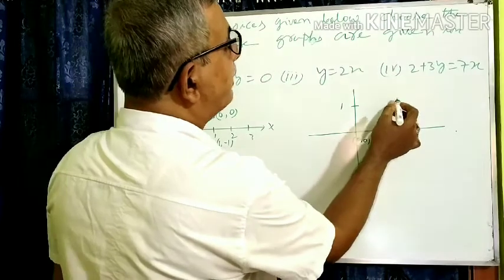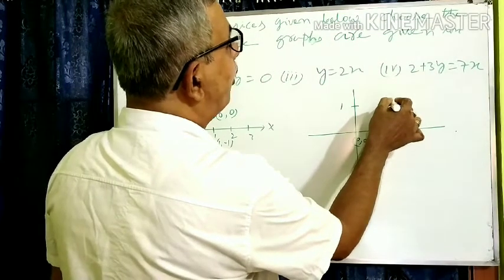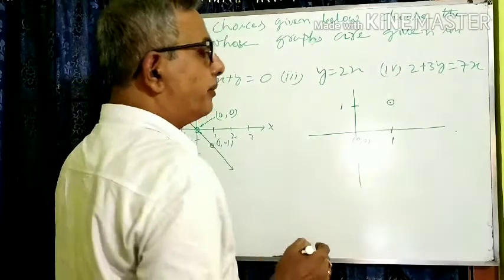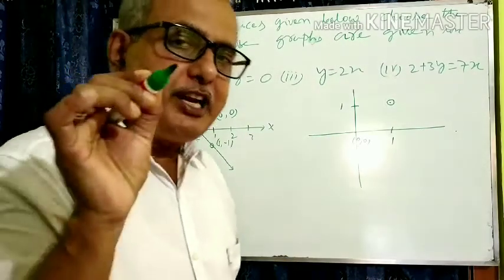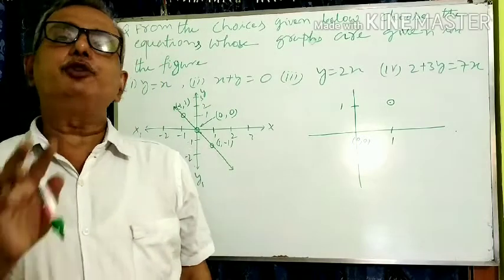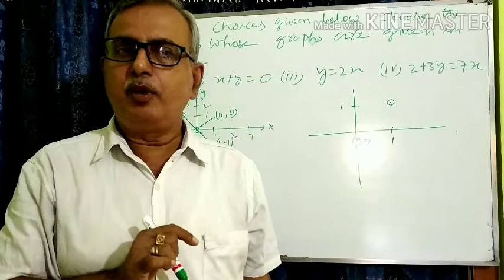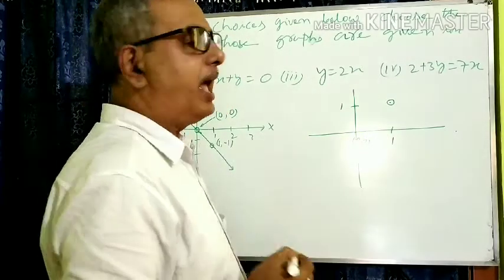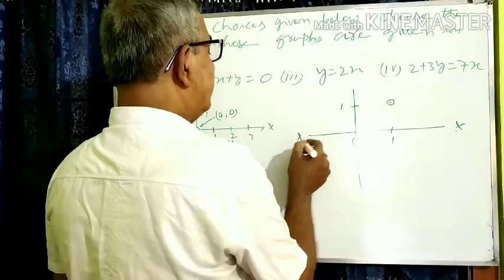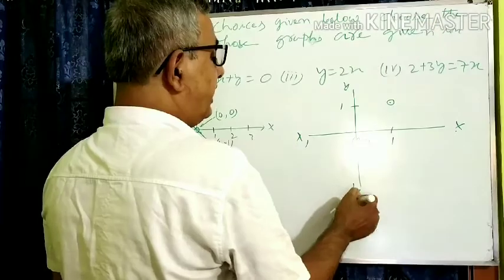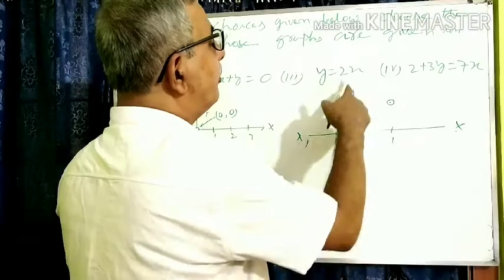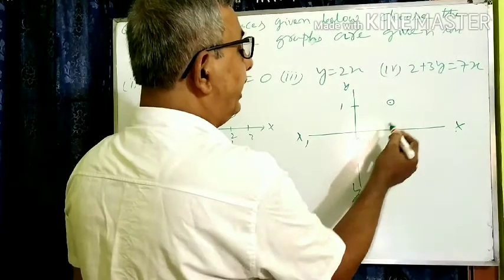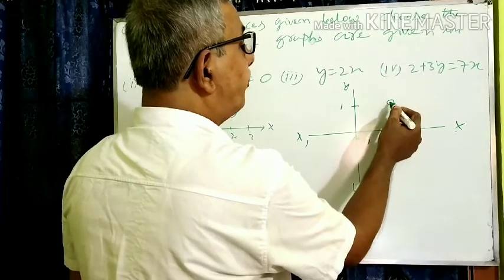Suppose I am putting a point here. To represent a point, we use two numbers. One number we take from the x-axis, and another number we take from the y-axis.